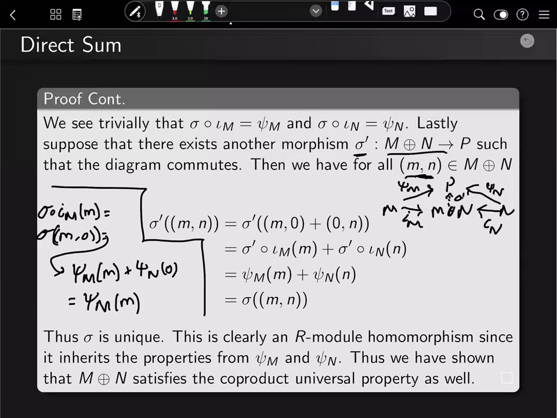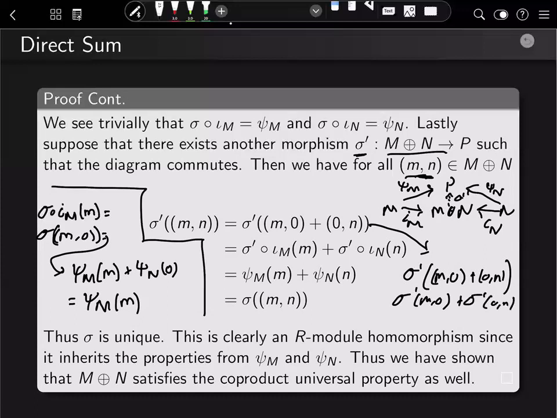first we know that here we can write this as sigma prime of (m, 0) plus (0, n), and because sigma prime is an R module homomorphism, we have sigma prime of (m, 0) plus sigma prime of (0, n).